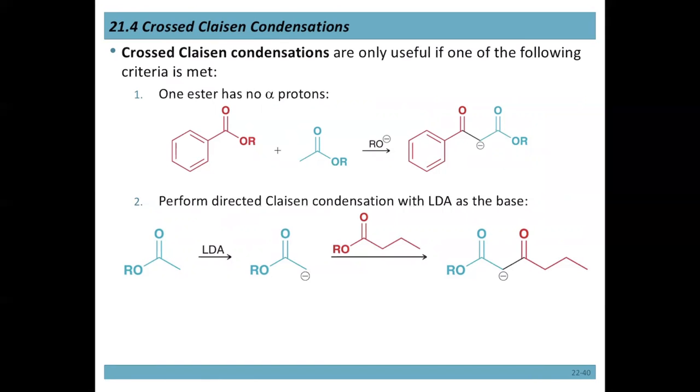In this case here, we would pull off the protons at the alpha position of the species that contains the alpha protons. The red species doesn't, so therefore there's going to be no reaction between the base and the species with no alpha protons.